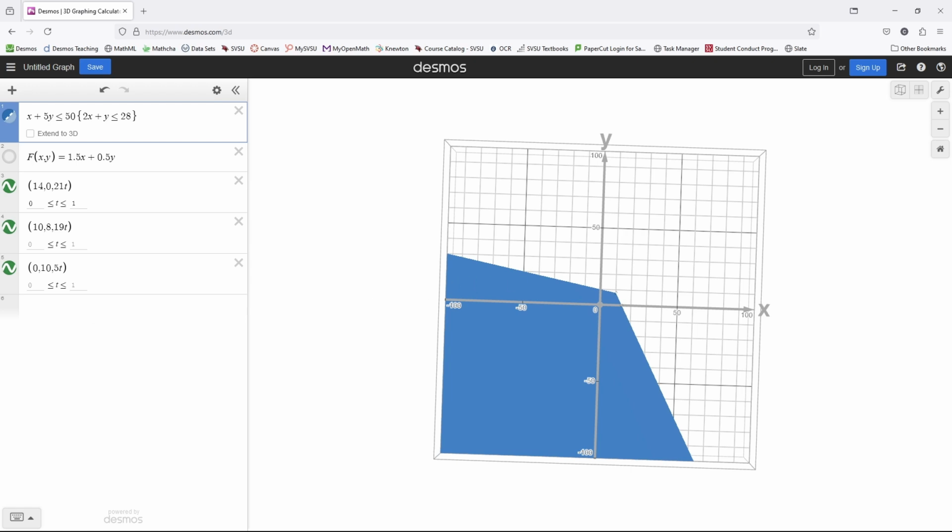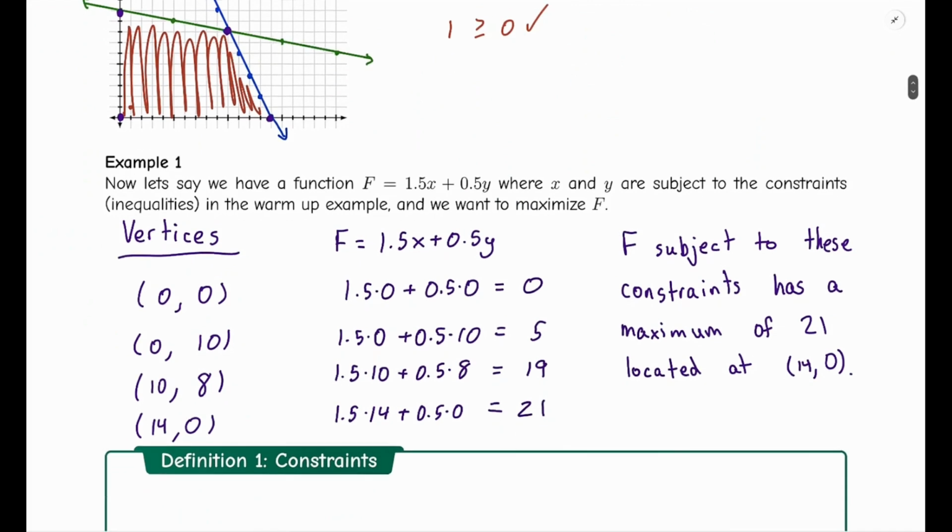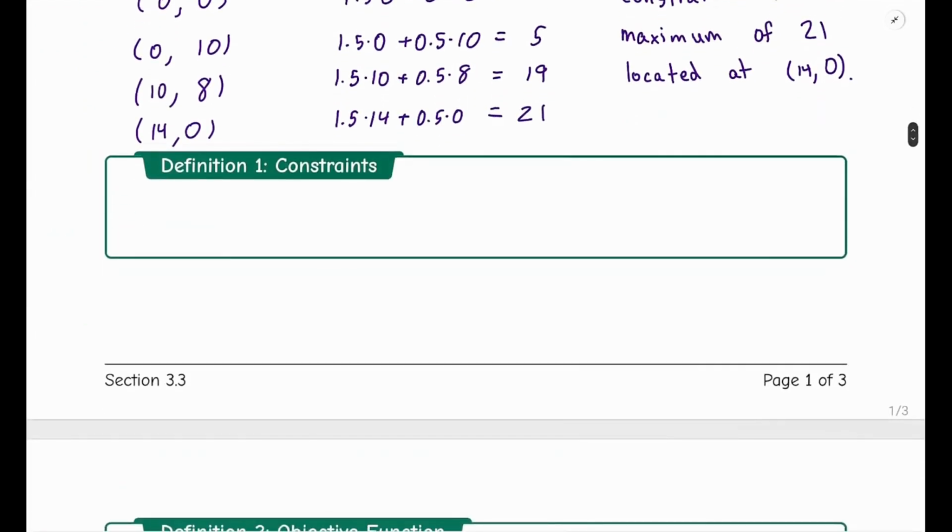Okay, now back to the notes. Now, like I said, we're going to go through the definition. Constraints are the inequalities or conditions we are subject to.